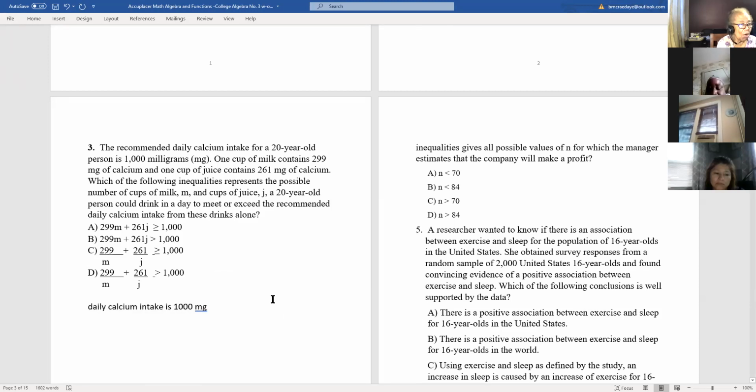For a 20-year-old person it's 1,000 milligrams. Okay, so let's make that bigger. So that's the recommended daily calcium intake, but we're given 2 things that contain calcium. We're given the milk and we're given the juice. So the milk contains what?